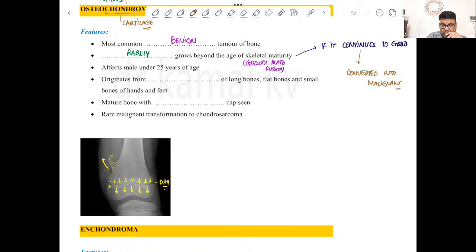Clear? So this is one indication to us that now this tumor is no more benign, it has undergone malignant change.